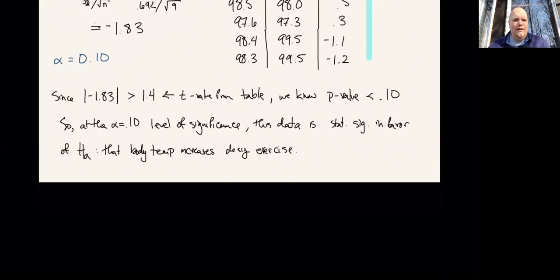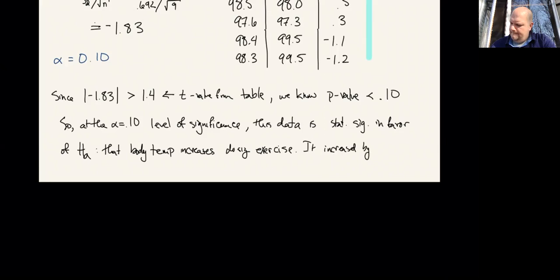And since we do see an interesting difference here, we have a positive result to this test, we should report our effect size. So what we found here was that it increased by about 0.422 degrees.